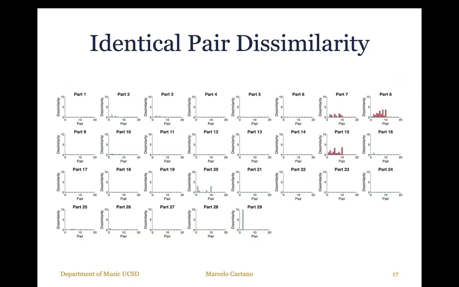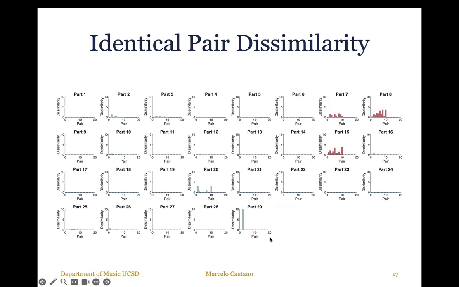We used Qualtrics. And what we see here is the dissimilarity ratings for the 29 subjects only for the identical pairs. So what we expect to see here is most subjects rating the identical pairs at 0 or very close to 0. And we have here a few examples. Participant 20 for most cases rates the identical pairs at 0 but fails sometimes.